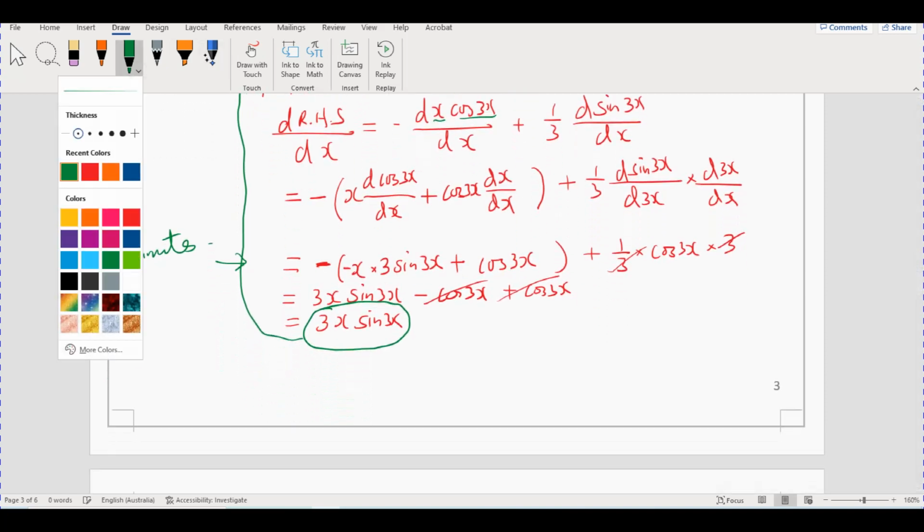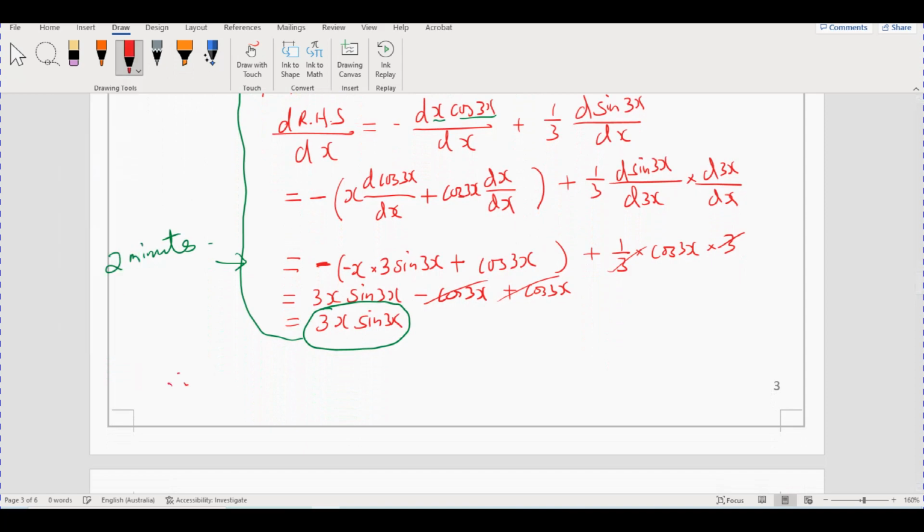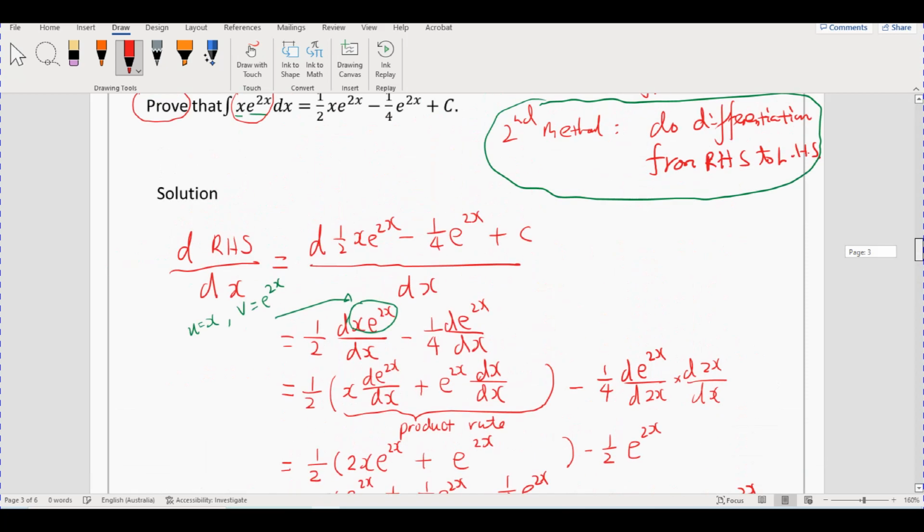So you can say, therefore, right hand side actually equals, wrong spelling, sorry for that, antiderivative of 3x sine 3x. Okay, so in other words, right hand side actually equals integration of 3x sine 3x dx. Right? So that actually finished the proof.